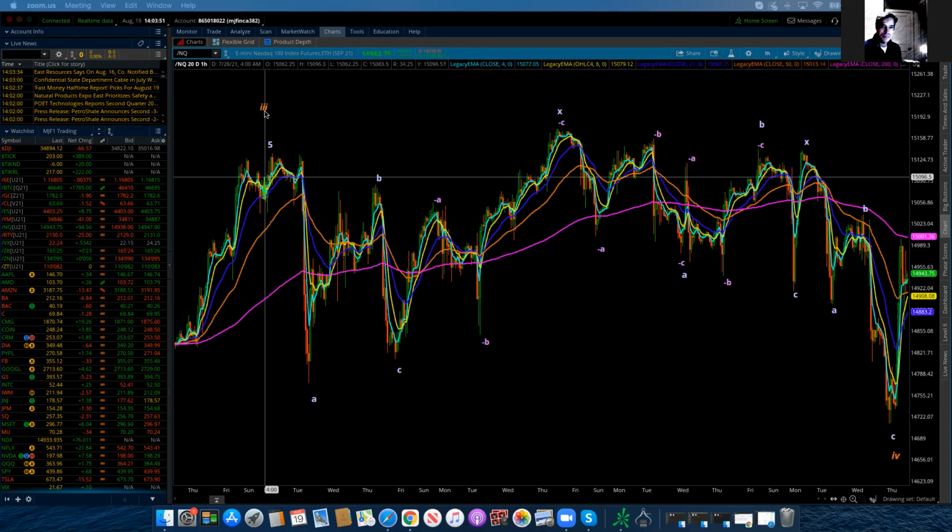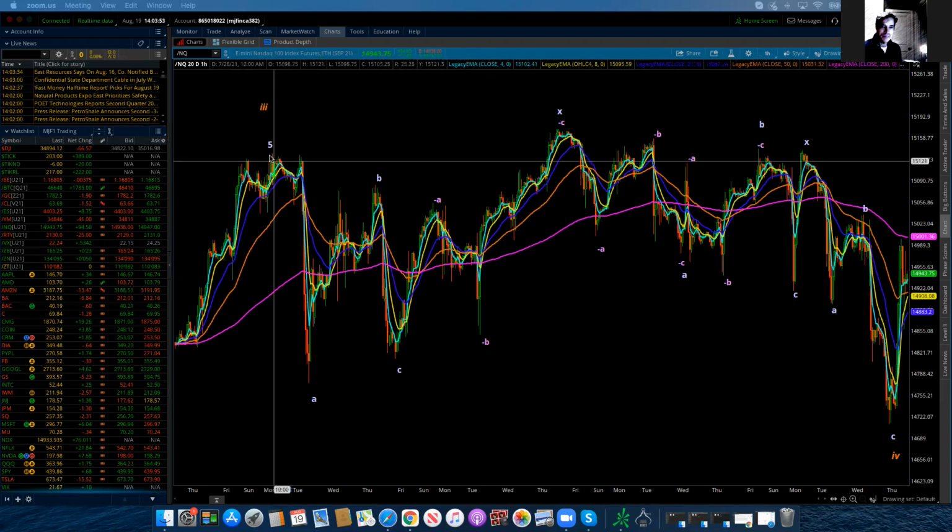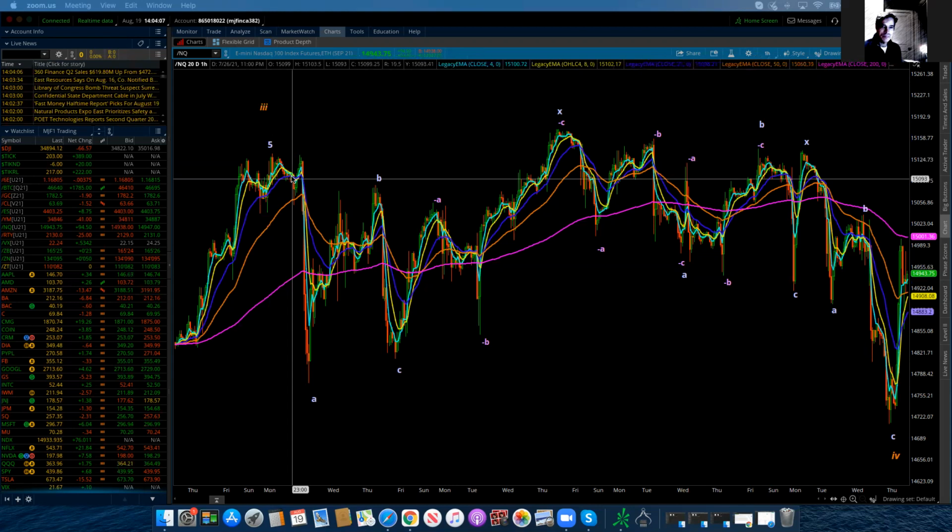So in other words, the 3 remains the same right here. And then we go through a very extended, complex, double, triple ABC. And as I have said previously, many times corrective structures, when they're flat, as this one is, and flat complex, as this one is, they burn up more time rather than price.